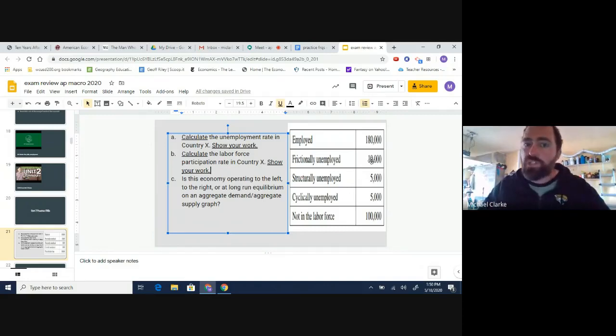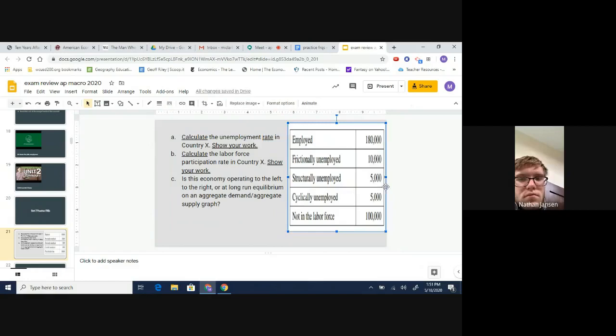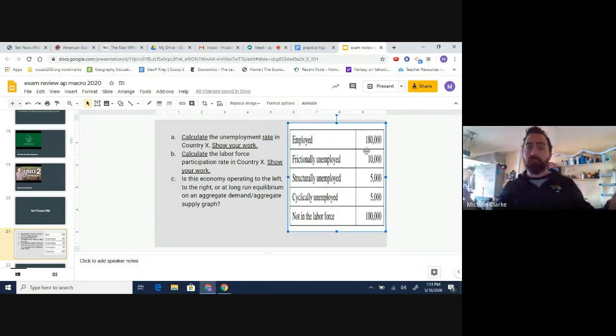That's not what the question's asking, though. It's not asking for the total unemployed. It's asking for a rate. You got to find the unemployment rate. You take 20,000 and divide by, what are you dividing by? You're dividing by your labor force. So remember, your labor force is your employed, people working, 180,000, plus your unemployed, 20,000.